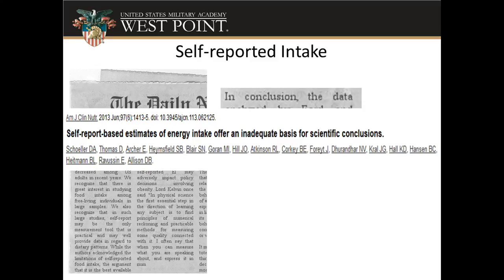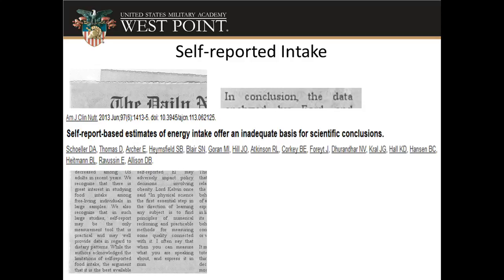We advocated that self-report based estimates should not be used as a basis for scientific conclusions. Since that time, we've come across this again and again, and we still say that it does tell you some things.